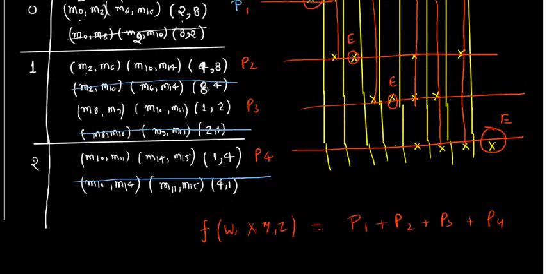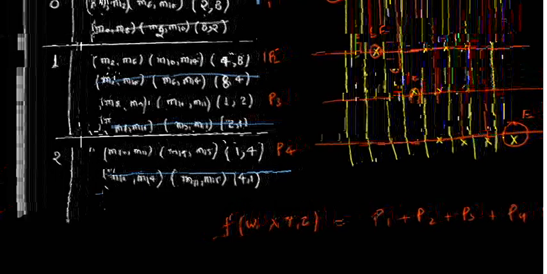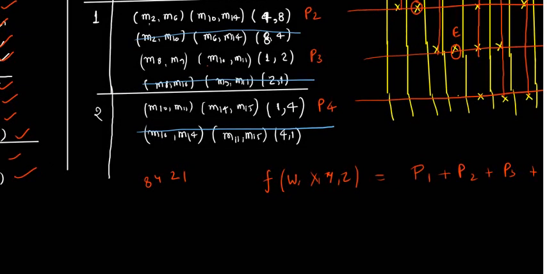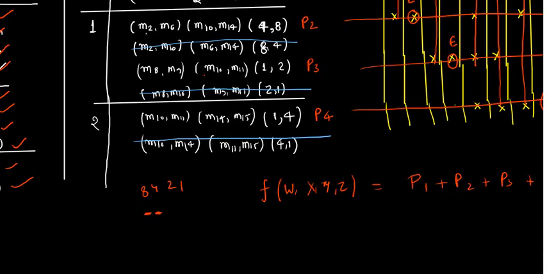So P1 is 2, 8. First you have to write 1, 2, 4, 8, or I reversed it, sorry. 1, 2, 4, 8. So at the fourth and 8th positions we will put dots.